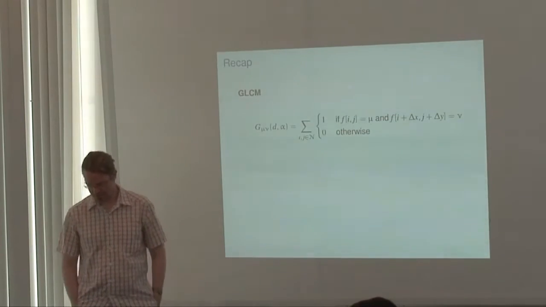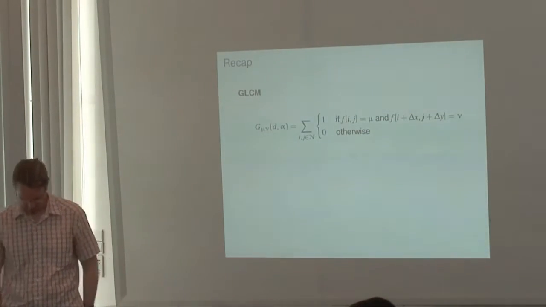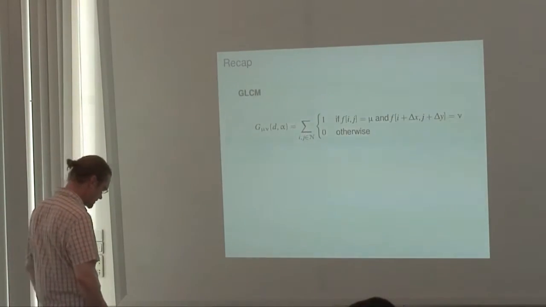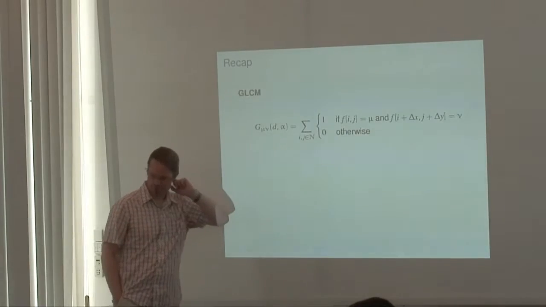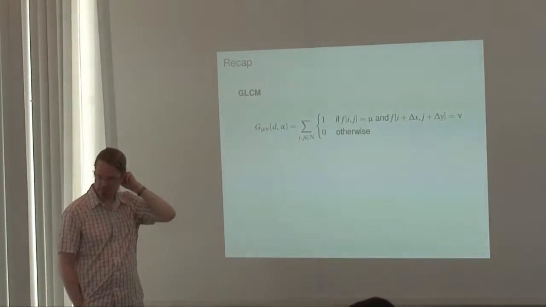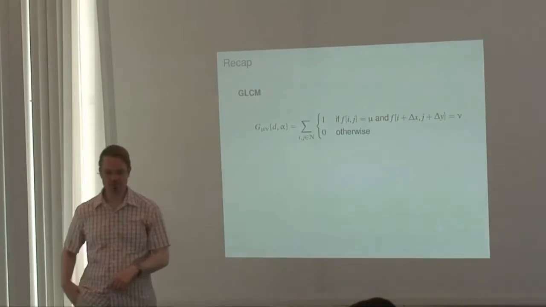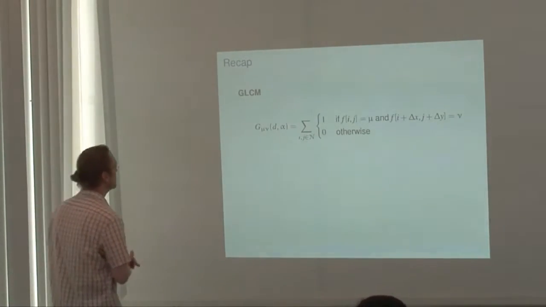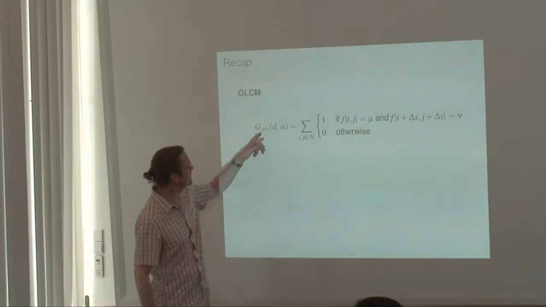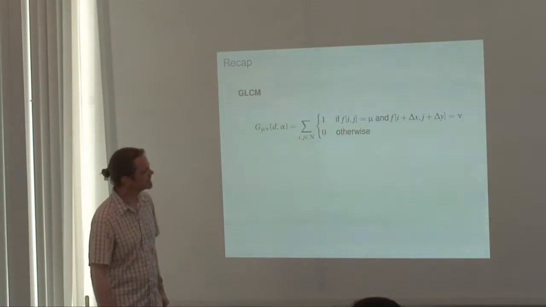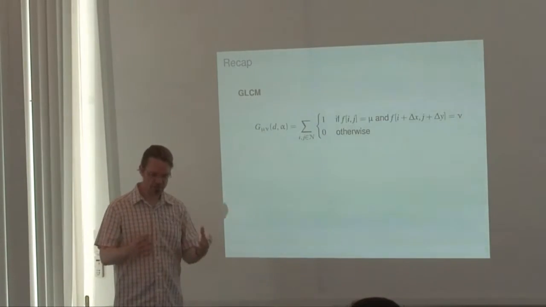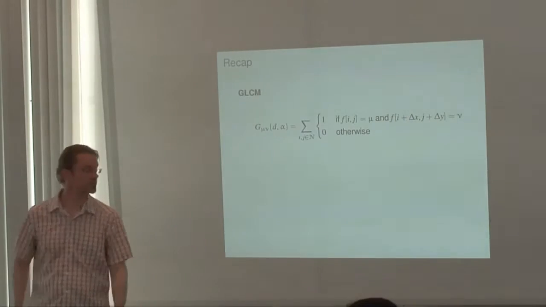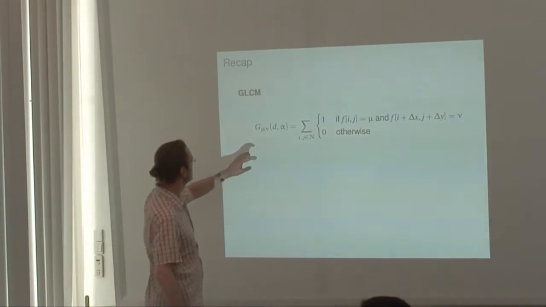If the image has L gray values, typically ranging from 0 to 255, this matrix would be a 256 by 256 matrix, and mu would indicate gray levels. The way I have defined it here, we are filling such a matrix with co-occurrence counts.